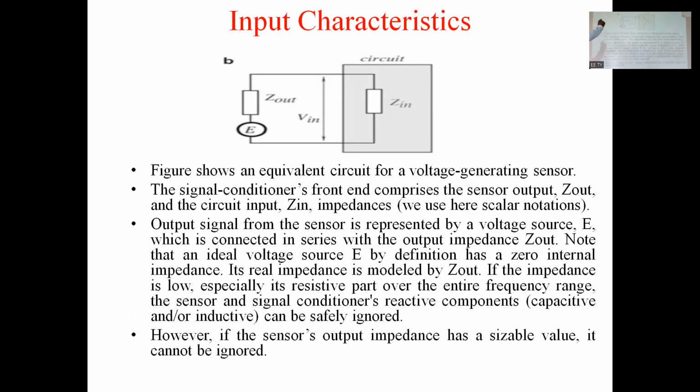According to the previous equation, Z equals R divided by 1 plus j omega RC. If the impedance is low, the resistance part dominates over the entire frequency range, and the sensor and signal conditioner reactive components, like capacitive or inductive, can be safely ignored.